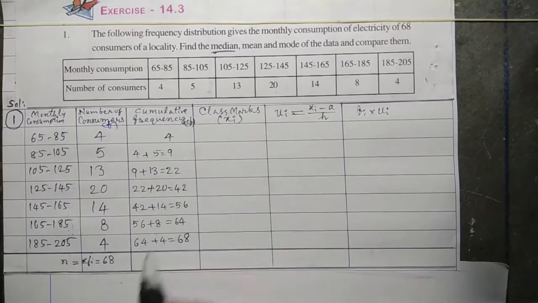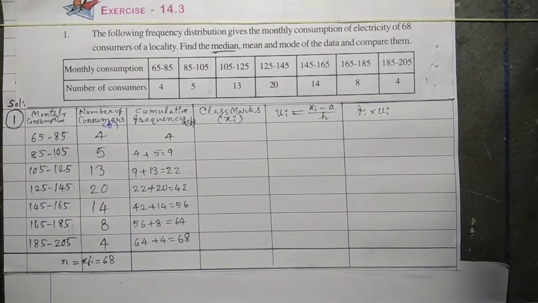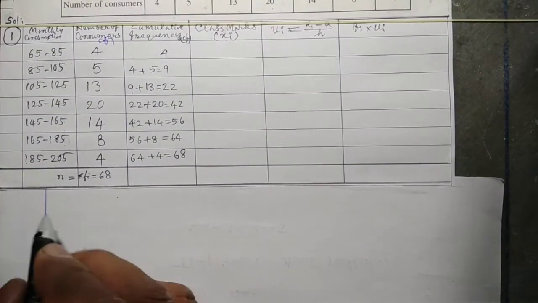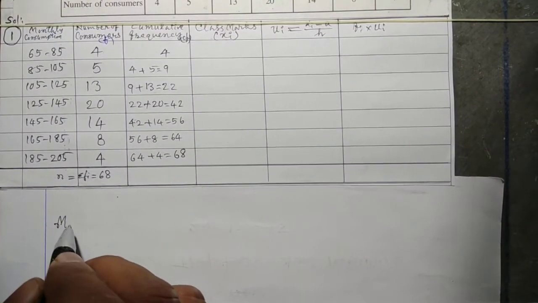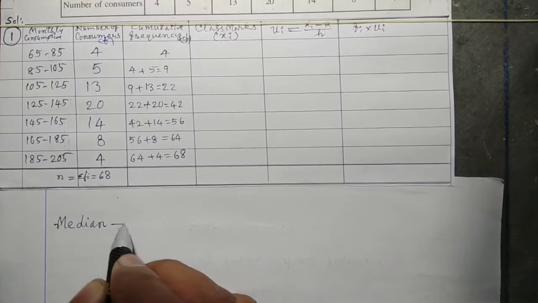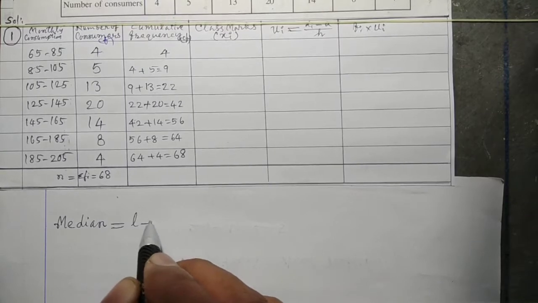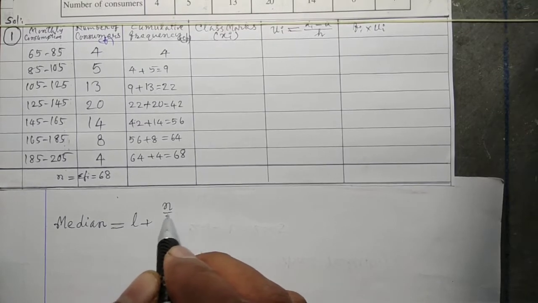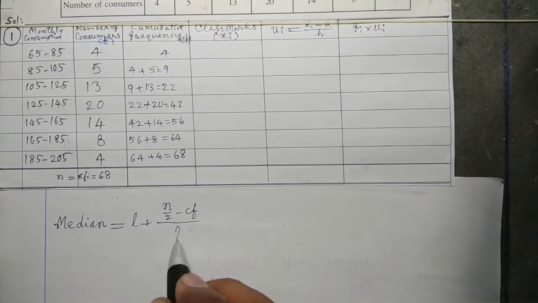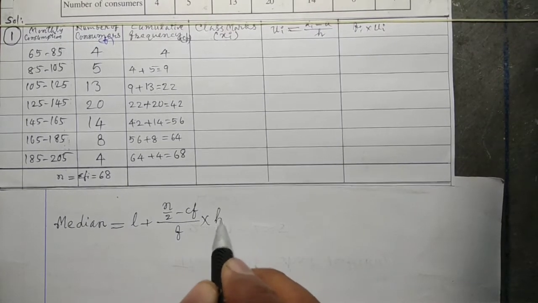After finishing this cumulative frequency, we have to write the median formula. Median is equal to L plus (n by 2 minus Cf) by small f into h.